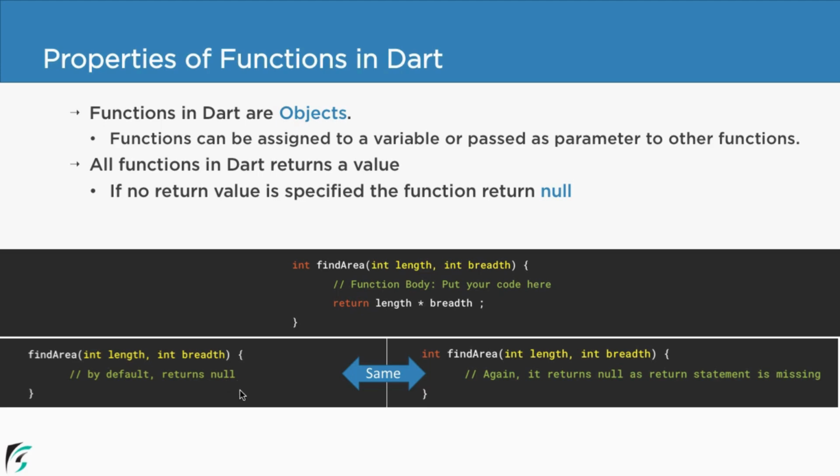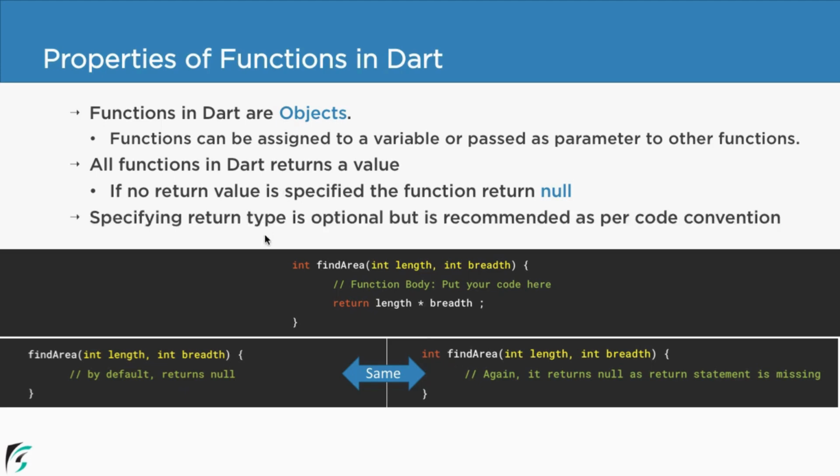Similarly on the right-hand side, we have the return type as integer, but from the function body we are not returning anything. When we don't have any return statement, it again returns null. Practically the left-hand side and the right-hand side are the same, but the recommended convention is the right one. Always mention the return type here.